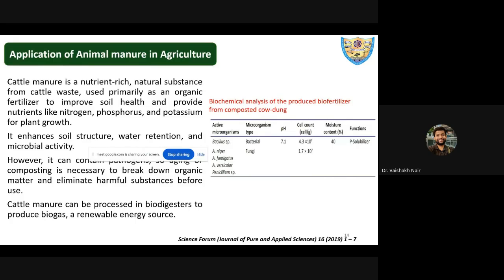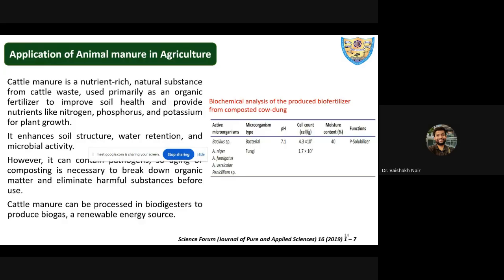Now, in general, I have talked about agricultural waste. Now I'll talk briefly about animal manure in agriculture. Animal manure is a nutrient-rich natural substance from cattle waste used primarily as an organic fertilizer to improve soil health and provide nutrients like nitrogen, phosphorus, potassium.